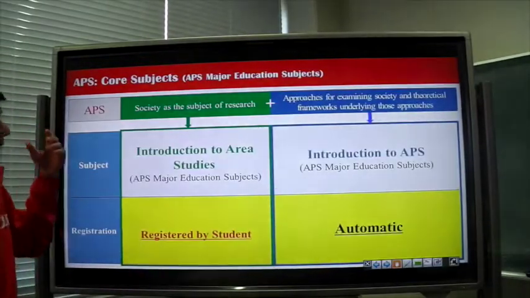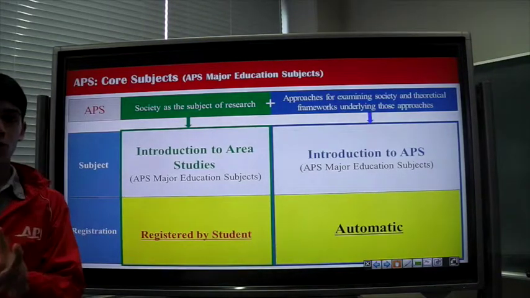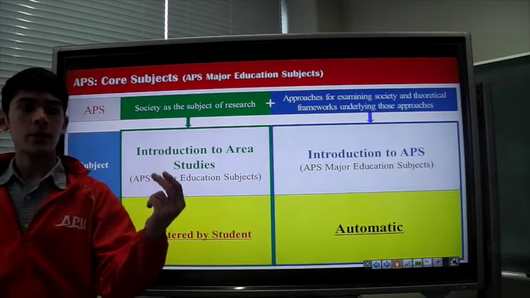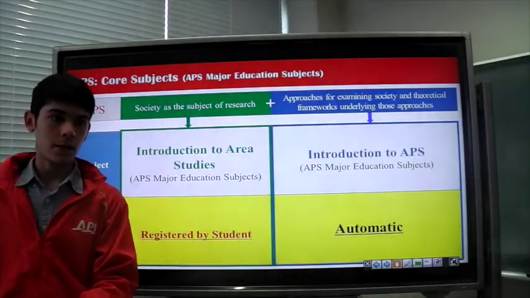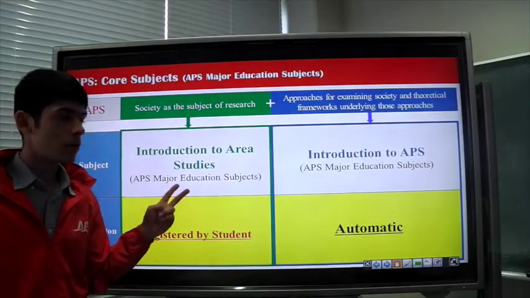And then lastly, core subjects. In APU, we have two core subjects for APS students, which are Introduction to Area of Studies and Introduction to APS. However, there are some differences between these two.